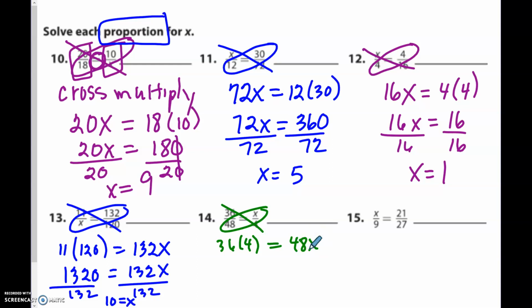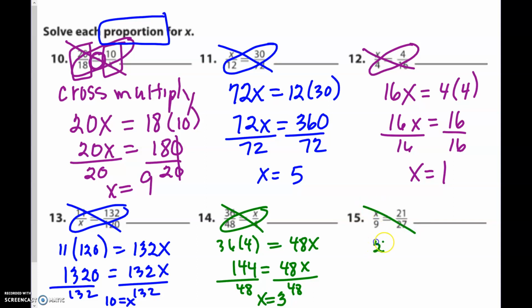So 36 times 4 is 144. Oops, I didn't remember to write smaller, did I? So divide both sides by 48. So 144 divided by 48. So x is 3.